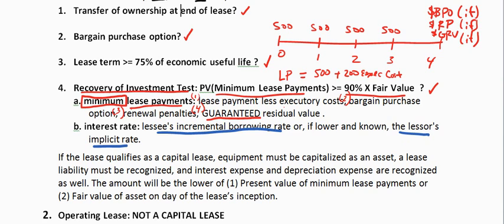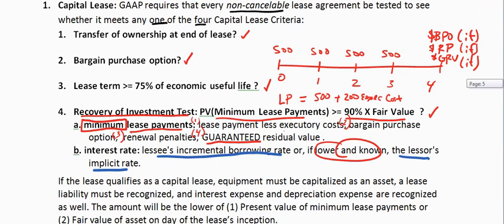And then you must know, if it's known. So the lessee doesn't always know the lessor's implicit rate. But if it's lower and it's known, they use it. And the idea here is that when discount rates go down, the present value goes up. So the FASB is requiring that the larger amount be capitalized. And for the purpose of this test, that the larger amount be used.